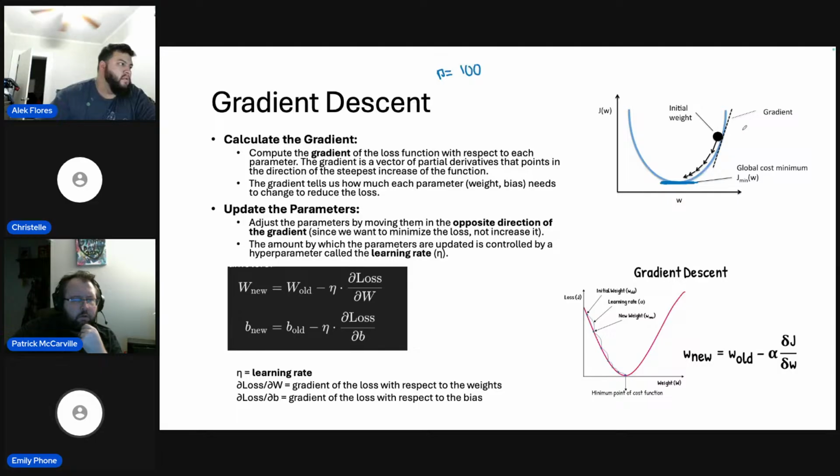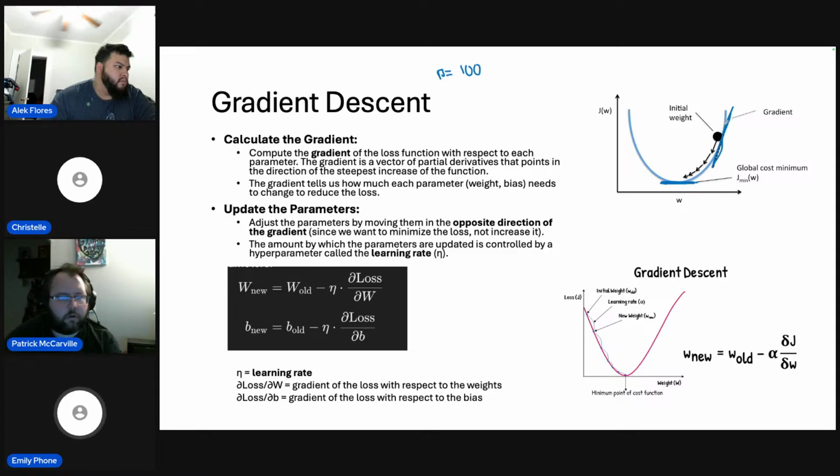We can use some math, we can use some calculus to calculate something called our gradient. So we can calculate this line here, which tells us how steeply we are descending down this slope. Imagine you're a ball. You want to roll to the bottom of this hill or valley, I guess.